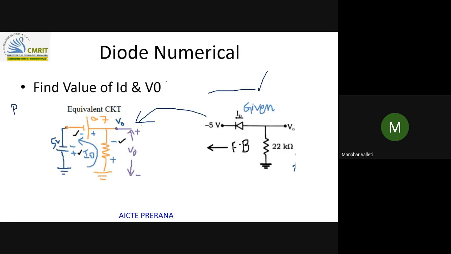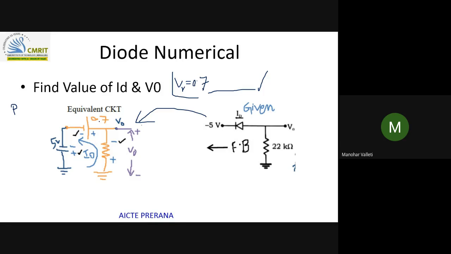In this problem V gamma is given as 0.7. You may have confusion whether to go for the ideal model or the practical model. Since V gamma is given, I am substituting 0.7 in the equivalent circuit.